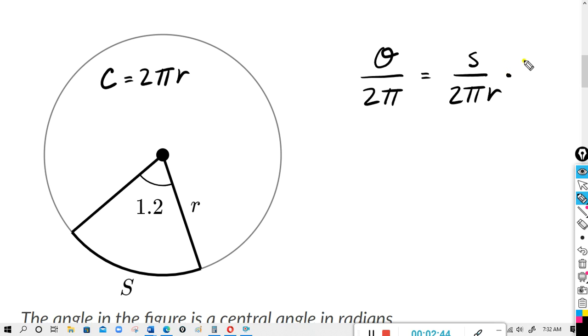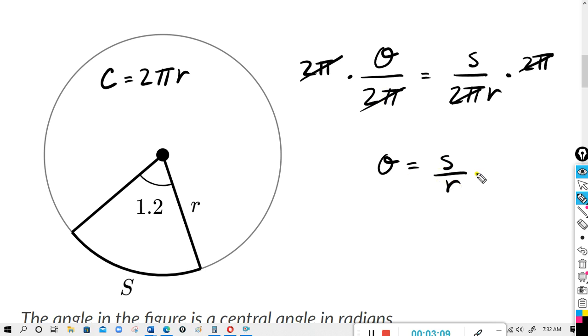If we just multiply both sides by 2 pi, it cancels on the left, 2 pi divided by 2 pi, and it cancels on the right, 2 pi divided by 2 pi. So we have theta equals S divided by R. Okay, this is just 1 right here, so we can ignore it.